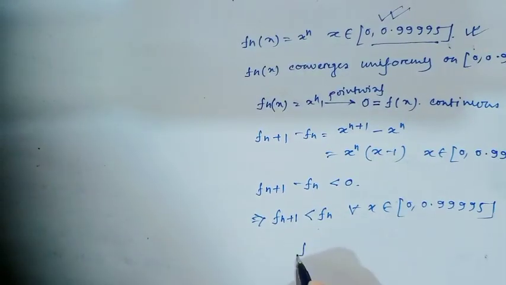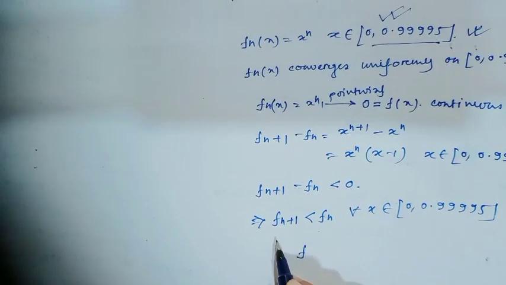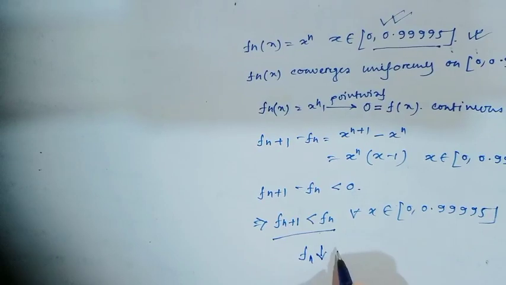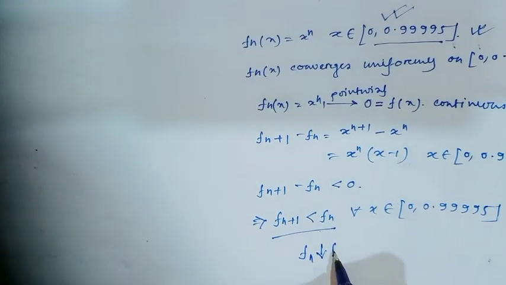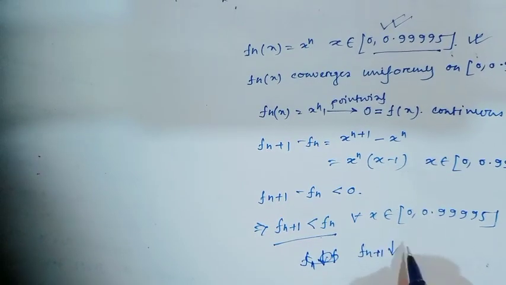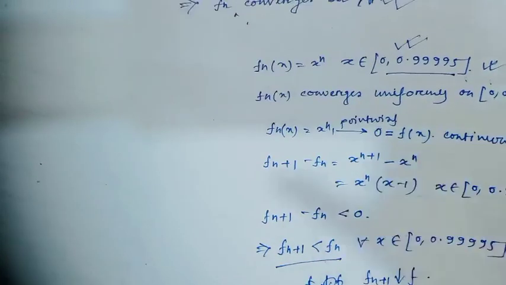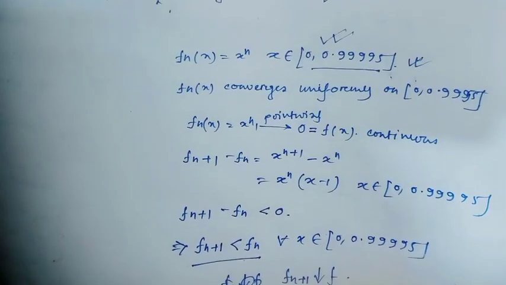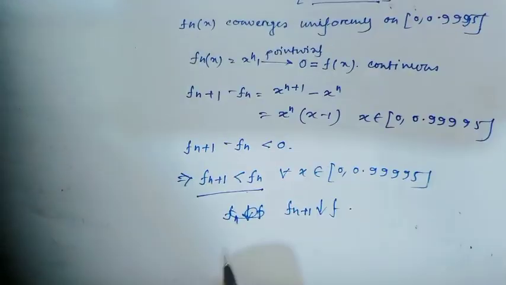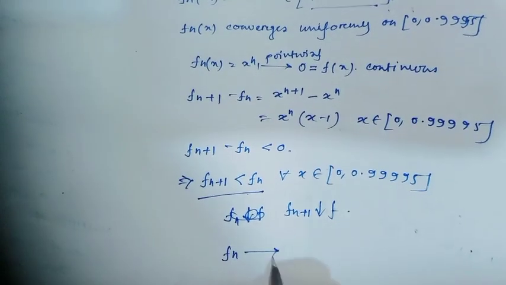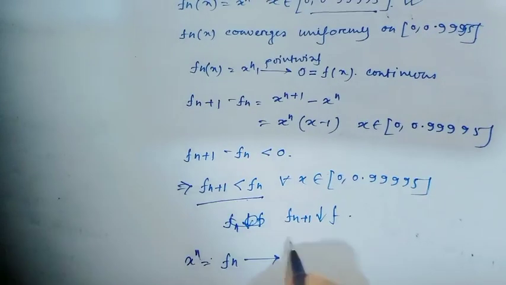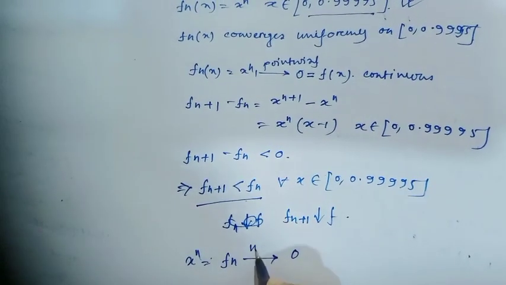So since Fn+1 is less than Fn, Fn is a decreasing sequence. Okay, that means all conditions of Dini's theorem are satisfied here. So by Dini's theorem we can say Fn, meaning x to the power n, converges to 0 uniformly.